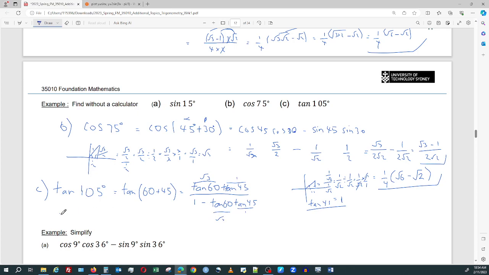So over here, we've got root 3 plus 1, because this was a plus sign, divided by 1 minus root 3 times 1.